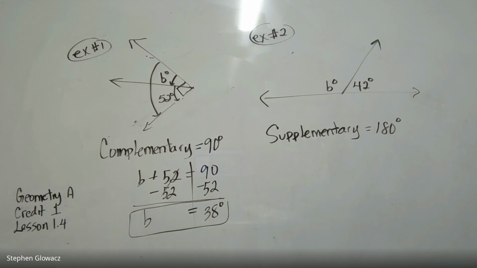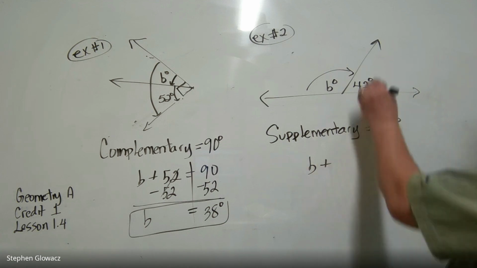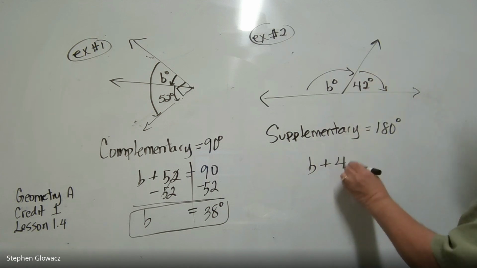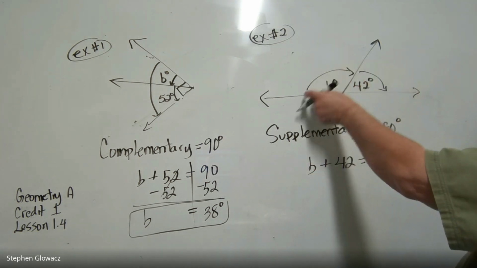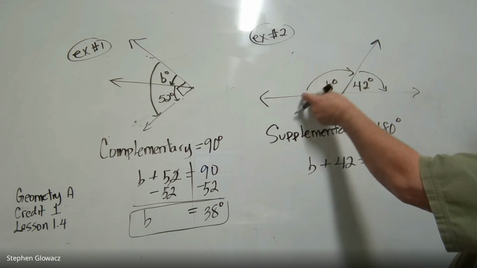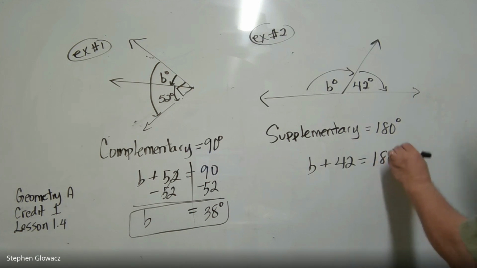So we're going to set up our equation in a similar way that we did for number 1, except that when we add the two angles, B and 42, together, we're not going to set it equal to 90.